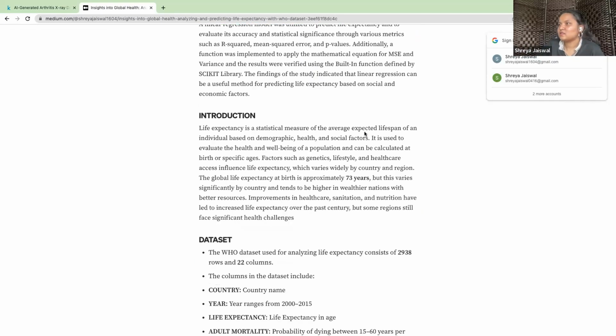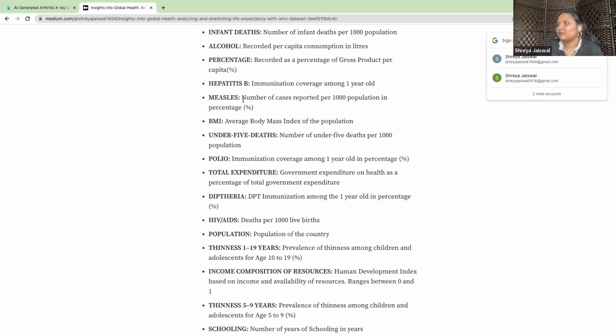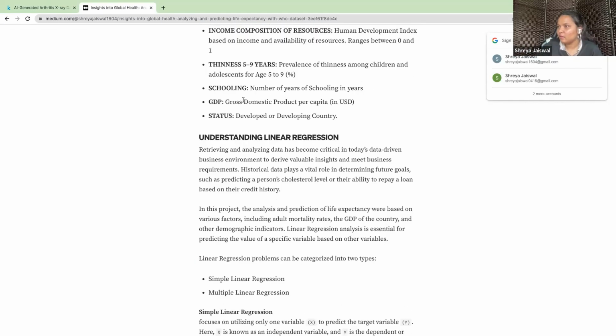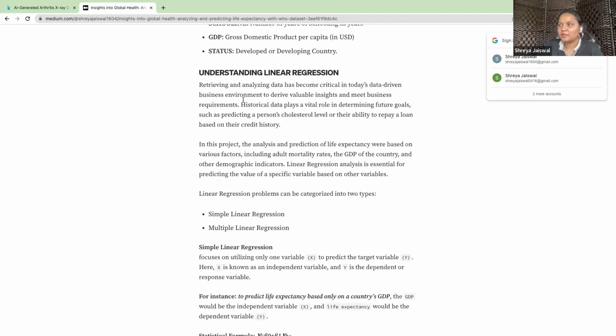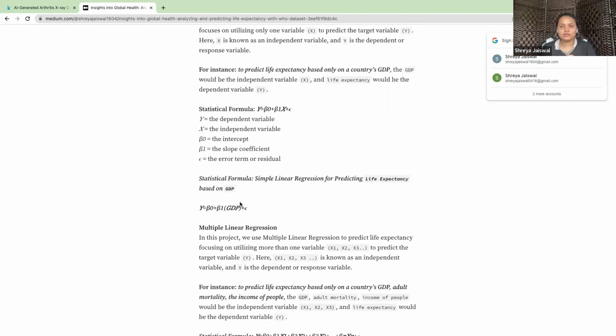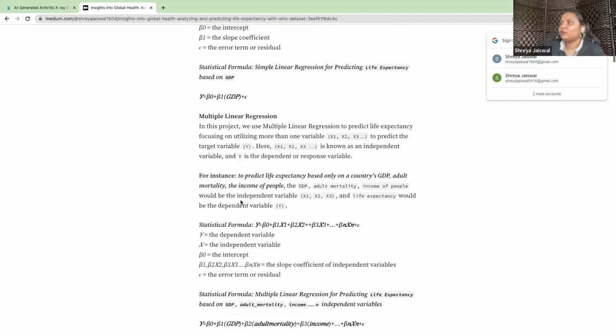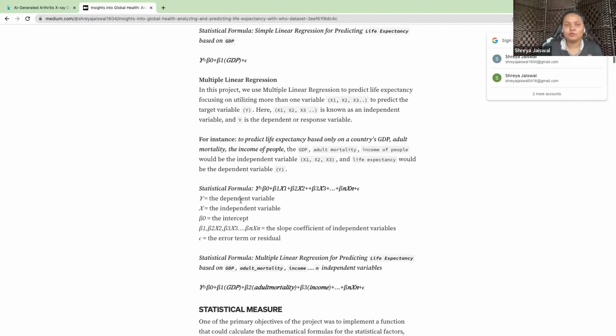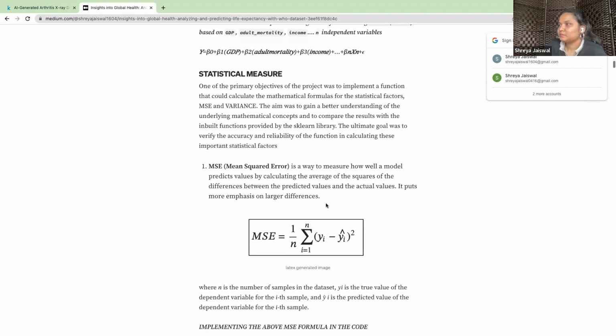It has around 20 to 22 columns, and the same approach of simple and multiple linear regression was used, but the features were more, and we were trying to predict the life expectancy of a person based on various factors.